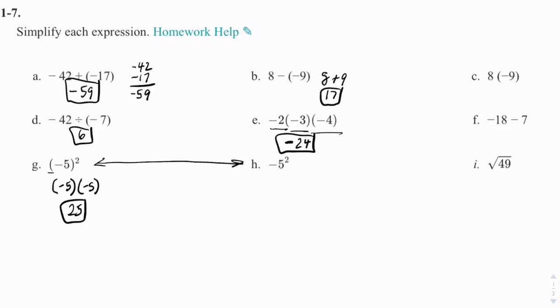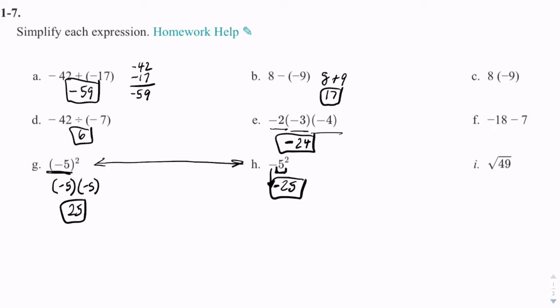Over here in G, the negative 5 was getting raised to the second power because it was in parentheses. But over here, the only thing getting raised to the second power is the 5. So what I do is I take 5 squared and I get 25, but I still have that negative sign, right, that has to come in. So this one is negative 25. These are really confusing, G and H. You have to remember your order of operations and what is actually getting squared.